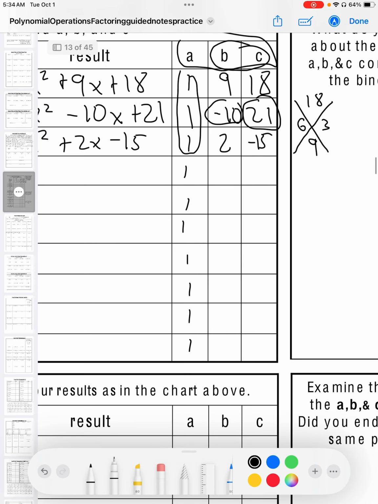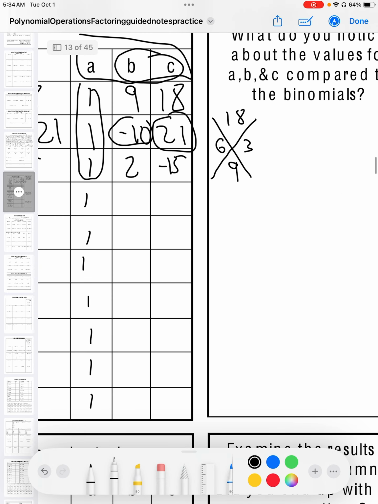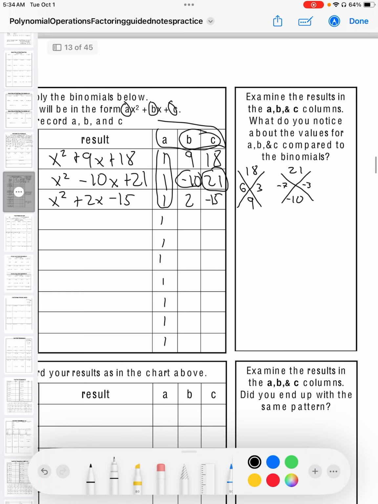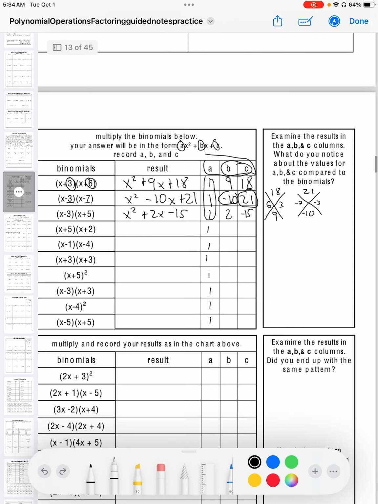So if you have 21 and you have negative 10, negative 7 and negative 3 would multiply to positive 21 and add to negative 10. And those are the numbers that we have in our problem here, negative 3 and negative 7. And same thing for this one here. Negative 3 times 5 would give me negative 15.